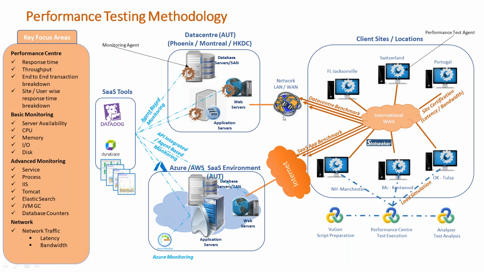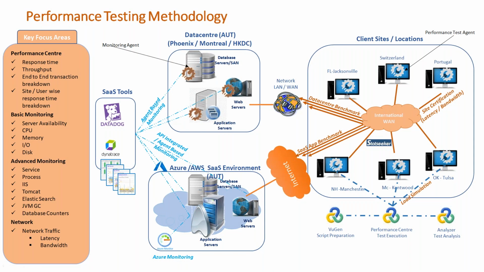When you are running from LoadRunner, from these LGs, the request will go through the international WAN, then to the local network, and then hit the data center where your servers are hosted. The request comes back and we get the response time there as well.